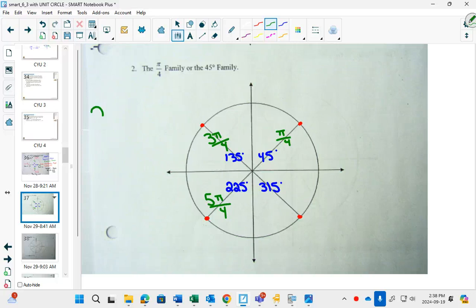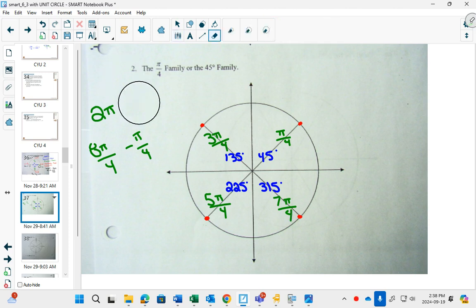So in radians we're going to go all the way around, which is 2 pi, and subtract pi over 4. Again, we're going to need a common denominator. If I have this over 4, what would be on the top? An 8 pi. 8 pi minus 1 pi? 7 pi over 4.